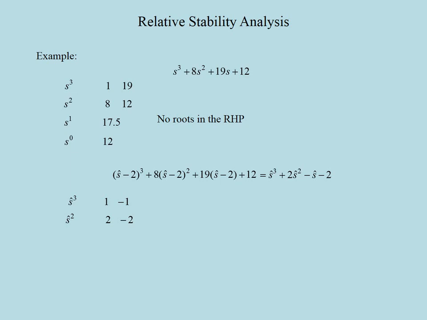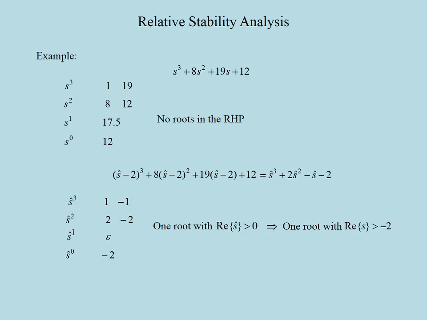That will generate a 0 in the third row. Therefore, we proceed with an epsilon, and the last row will be minus 2. Regardless of the sign of epsilon, we get one sign change in the leftmost column. Therefore, the polynomial in s hat has one root with positive real part.